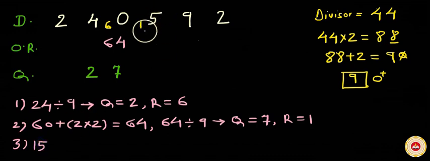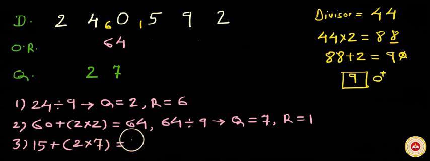See, this 15 plus what to add? 2 times the last quotient digit. 2 times what is the last quotient digit? 7 gives us 15 plus 14, 2 7s are 14, which gives us 29.